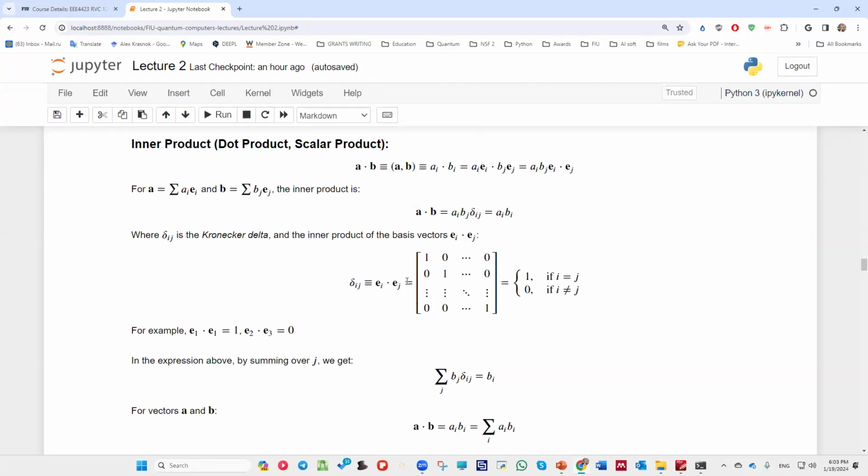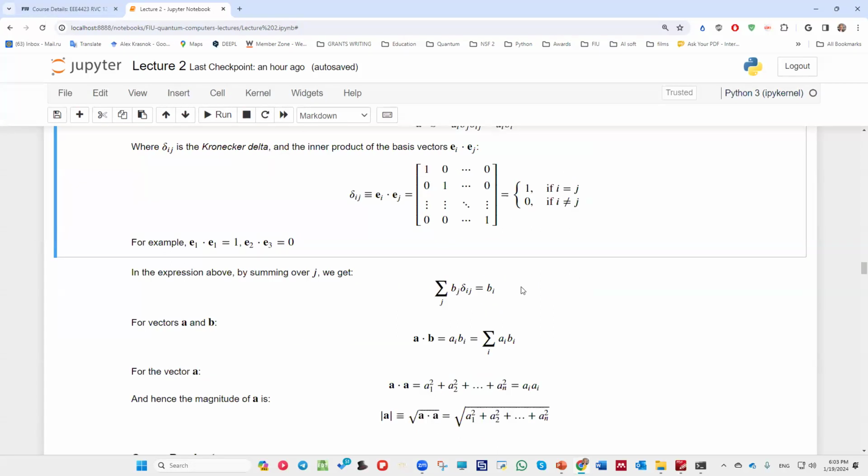All this can be summarized in the Kronecker delta. This matrix here is known as the Kronecker delta. It is a matrix of all zeros except for ones on the main diagonal. The main diagonal is 1, and all other indices are zeros. This Kronecker delta helps me simplify things.